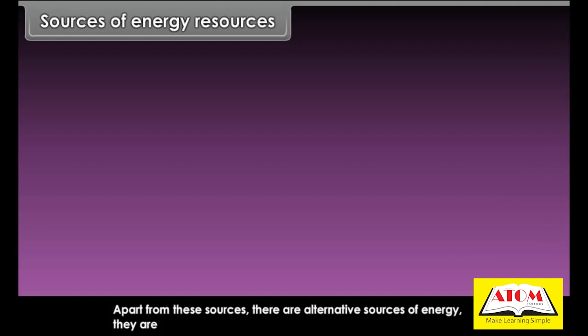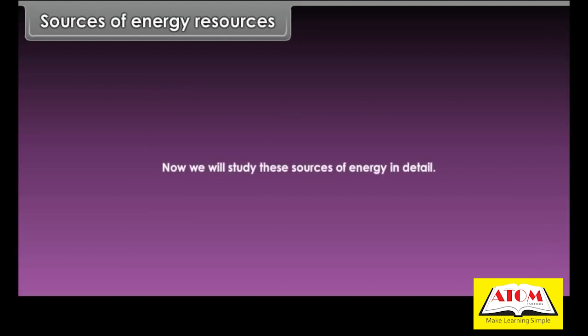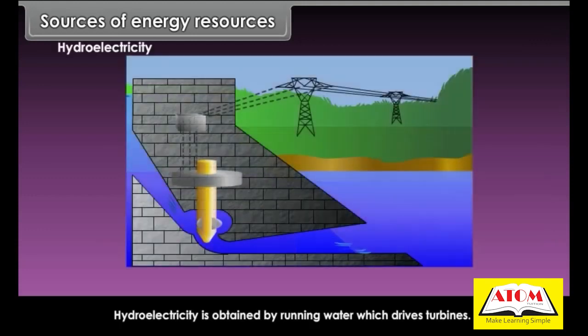They are geothermal, wind energy, solar energy, nuclear energy, and tidal energy. Now, we will study these sources of energy in detail. Hydroelectricity. Hydroelectricity is obtained by running water which drives turbines.